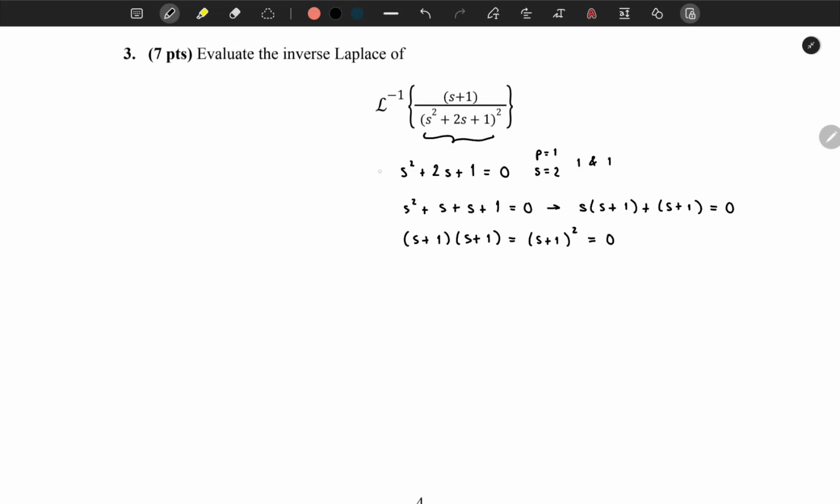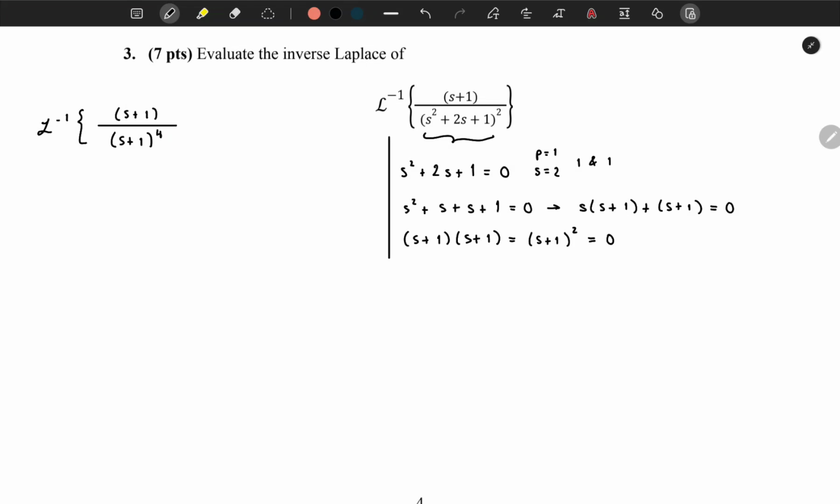So we can now rewrite the inverse Laplace. The numerator is s plus 1, and since the denominator s plus 1 squared is going to be squared, this technically turns into s plus 1 to the power of 4.